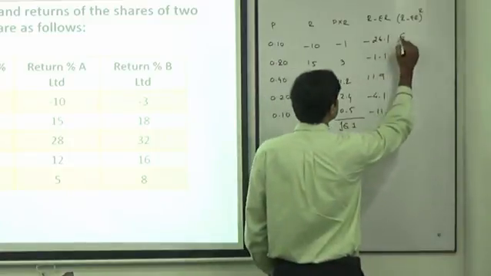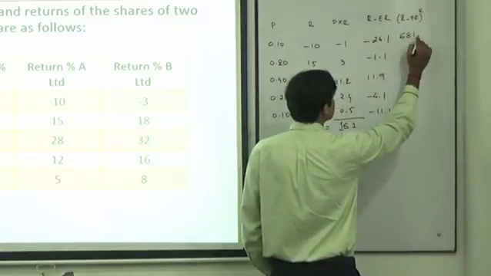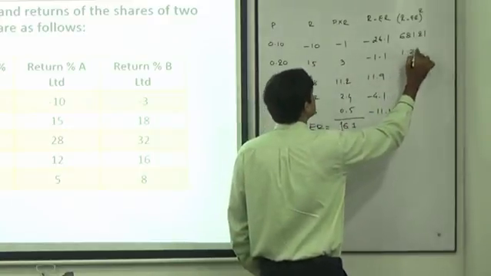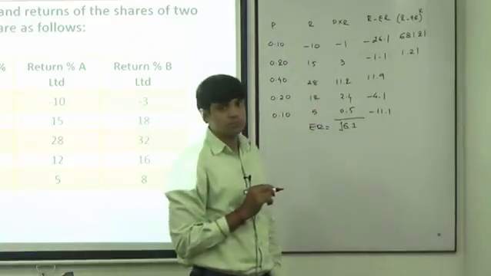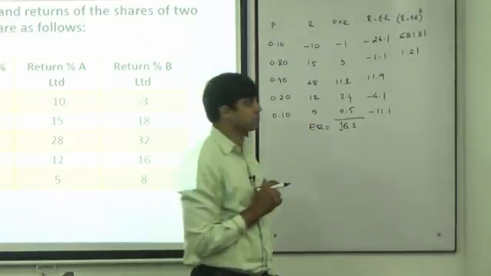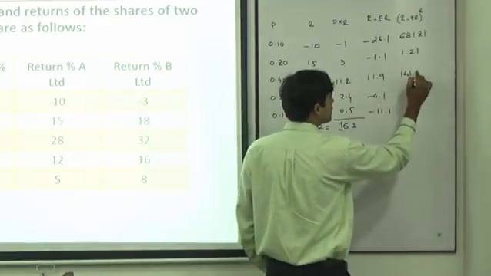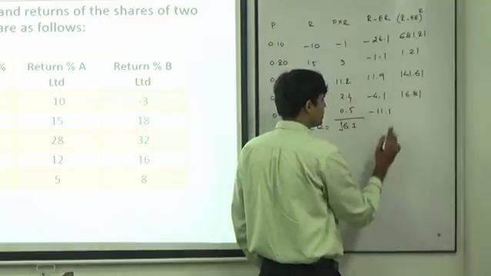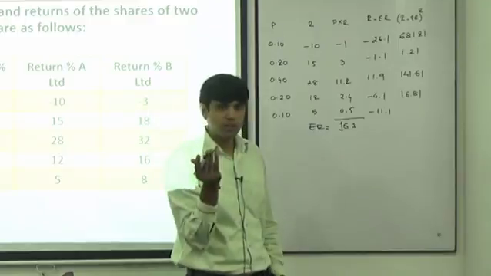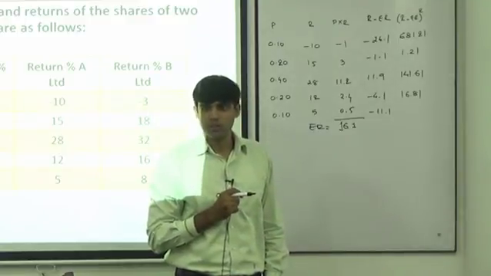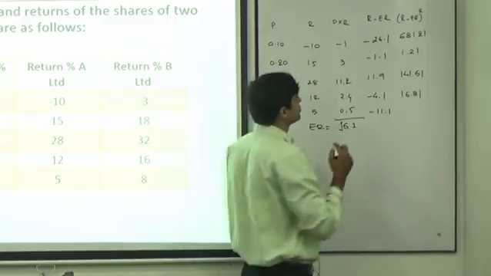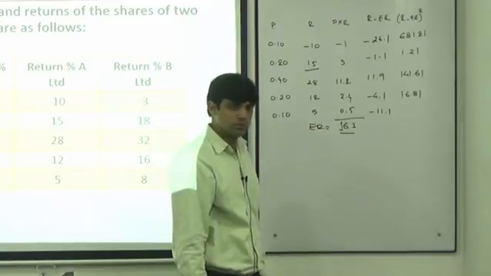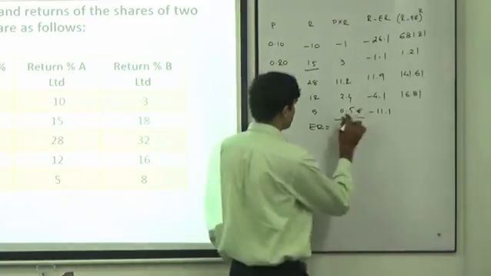How much did it come? 81.21, then this is 1.21, 141.61, this is 16.81, and this is going to be something very close to 123, 123.21.